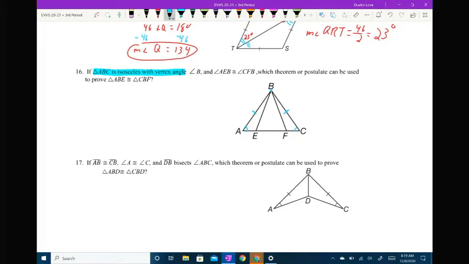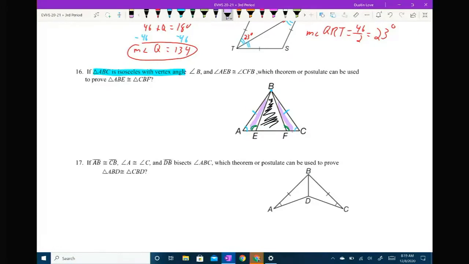Angle AEB is congruent to angle CFB. So AEB, this, is congruent to CFB, which is this. Which theorem or postulate could be used to prove that triangle ABE is congruent to triangle CBF? Well, also keep in mind here, we're not talking about this middle triangle. That has nothing to do with it. We're only dealing with this triangle and this triangle.